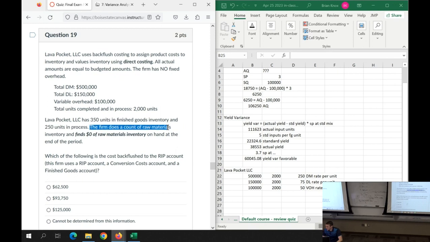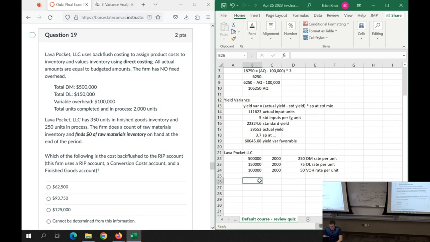Firm does a count of raw materials and finds 0 raw materials in inventory. So the raw materials portion of the RIP entry is 0. We're not going to be backflushing anything for the raw materials part to the RIP account.